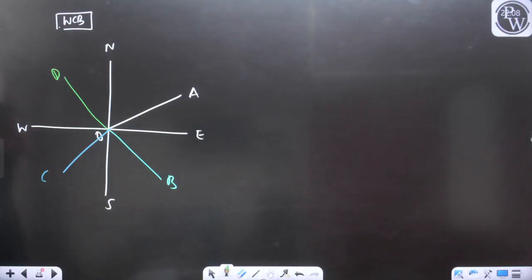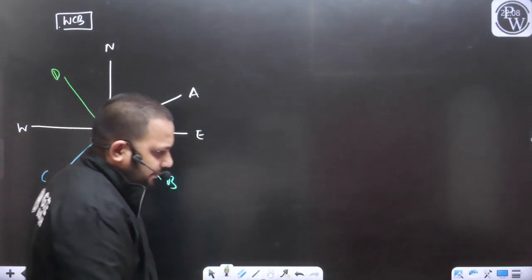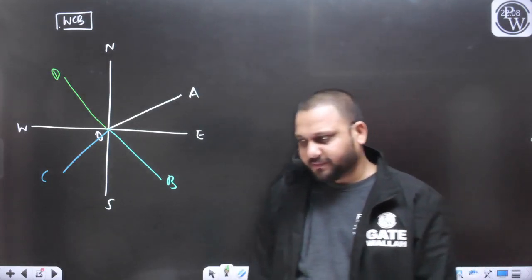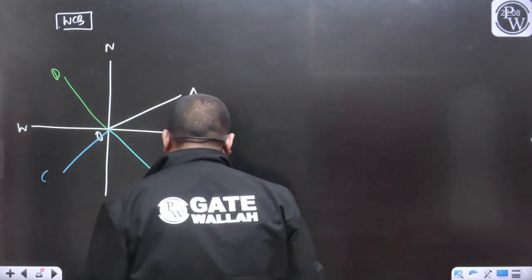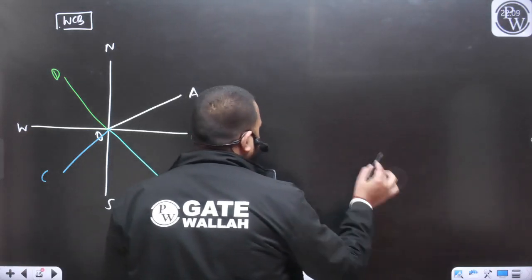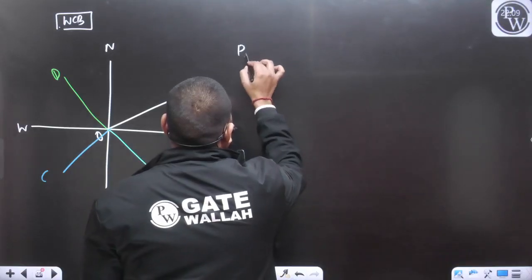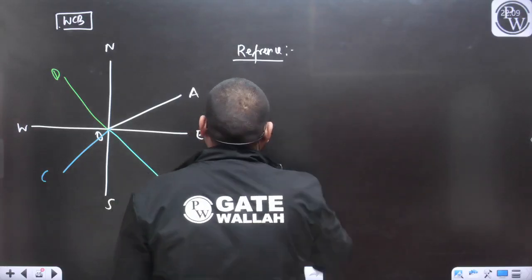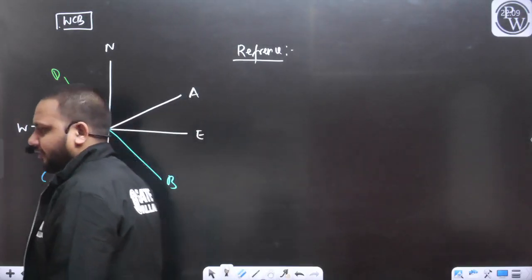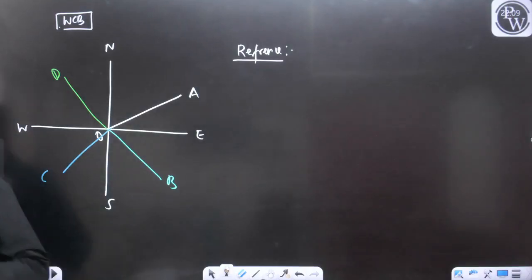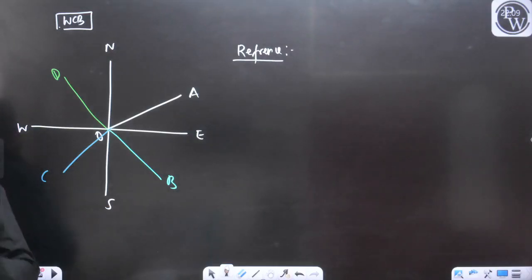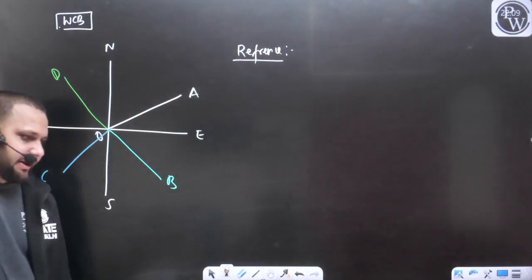So let's see the characteristics, the specification, of the WCB system. In the WCB system, we will measure the bearing, we will measure the angle. For the measurement of an angle, we require a reference. Without a reference, we cannot take the horizontal angle measurement.